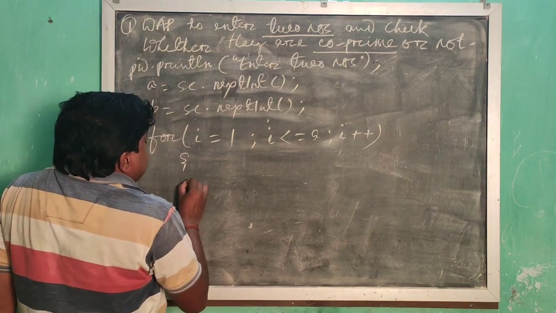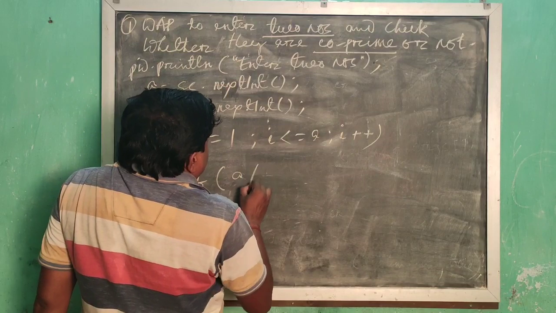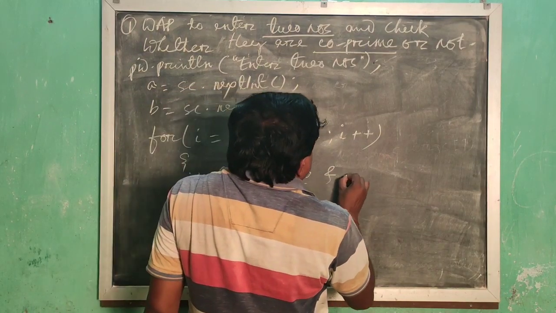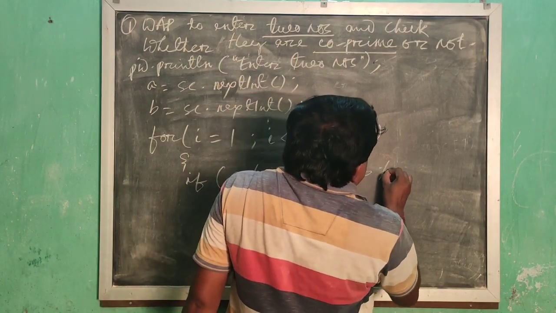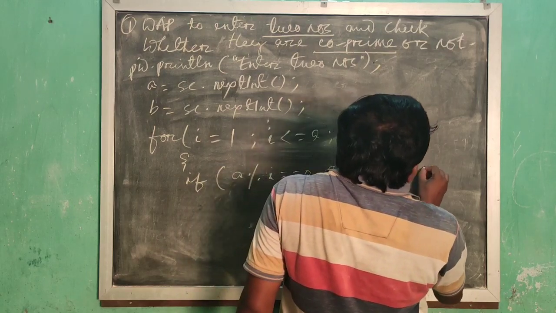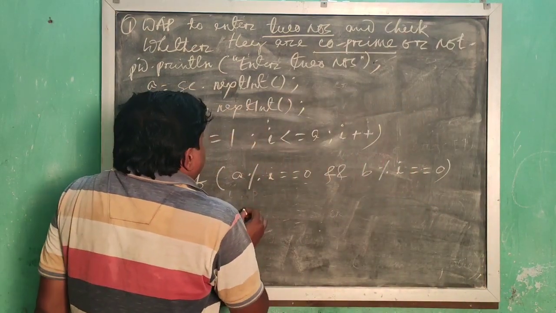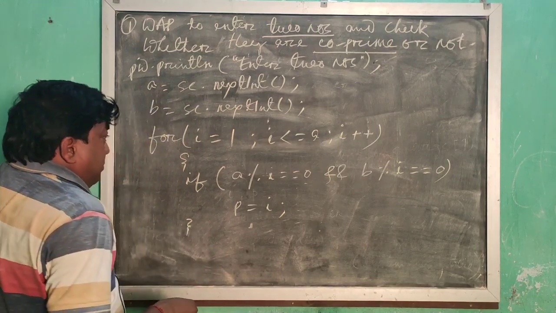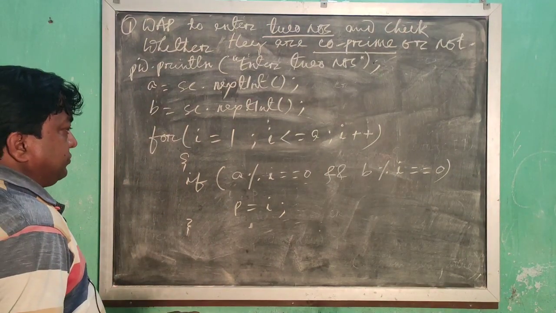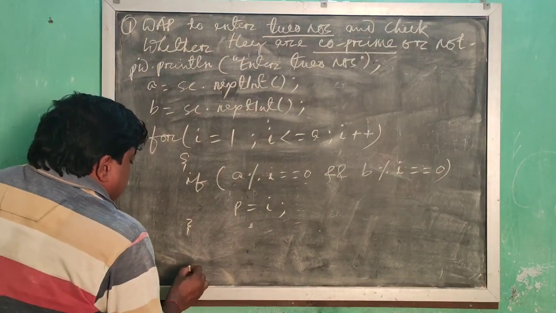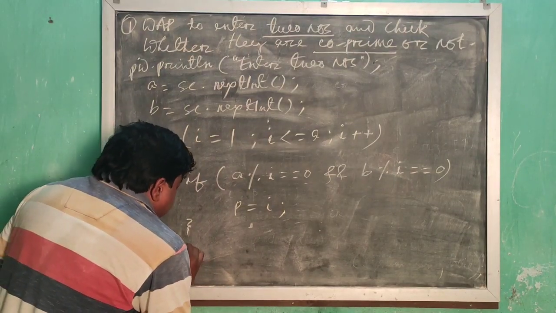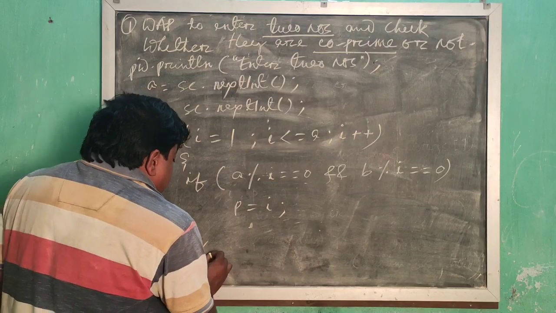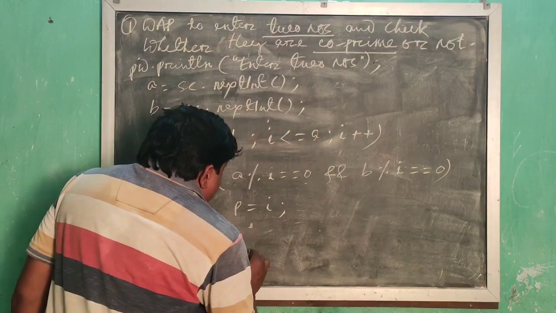Then start one parenthesis, if a modulus i equal to 0 and b modulus i equal to 0, then p equal to i, then close the parenthesis. After that you write if p equal to 1.